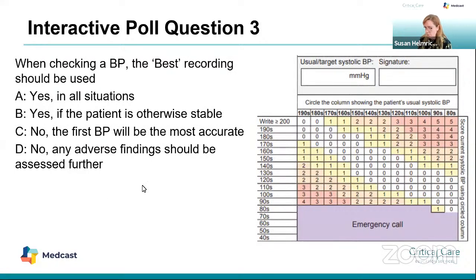All right, so most of you have voted now. I'll close that poll up, and I'll just share those results.